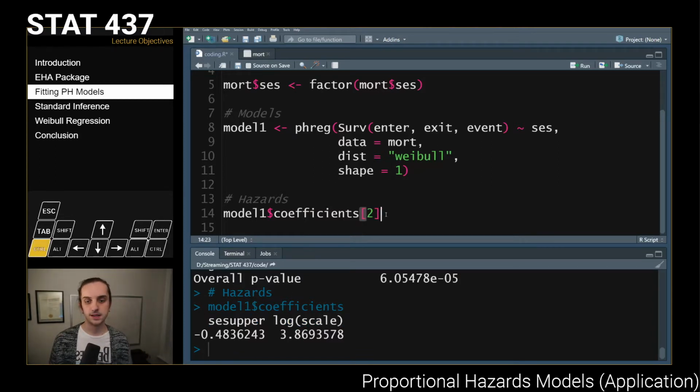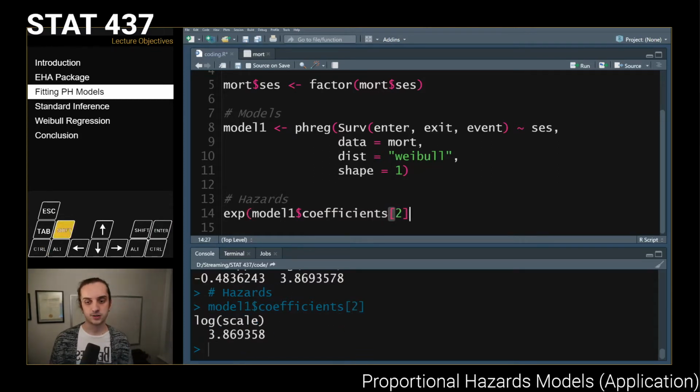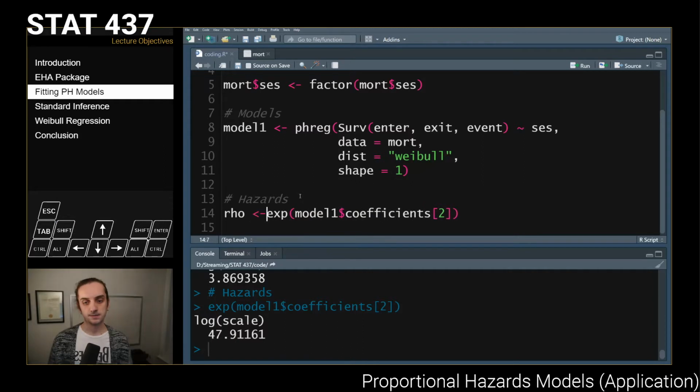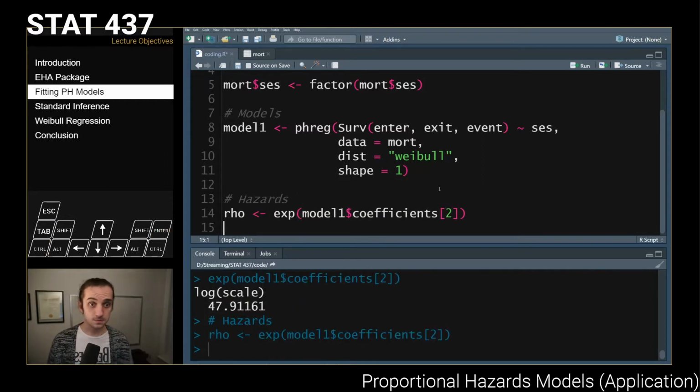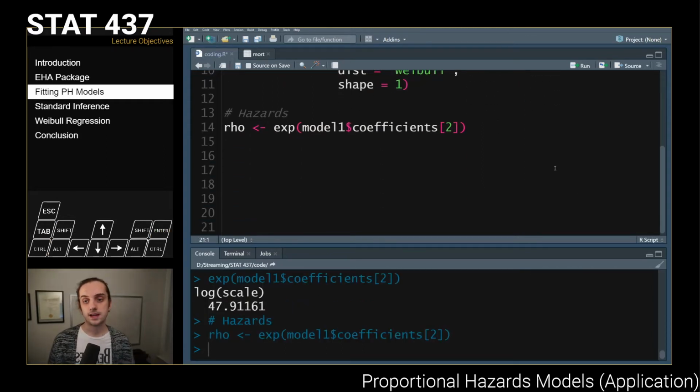If I grab the second one and exponentiate it, this gives us our rho parameter, so this would be rho in this distribution. We know that for someone in the lower socioeconomic status, eta is equal to 0. So their total hazard is the baseline hazard times e to the 0, or times 1, right? And so the hazard of lower is just 1 over rho.